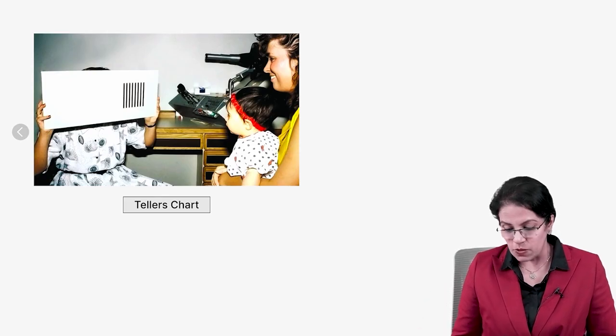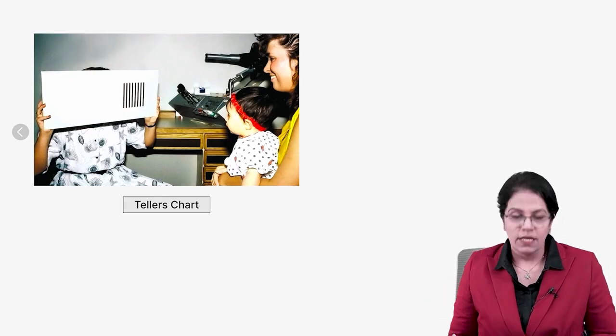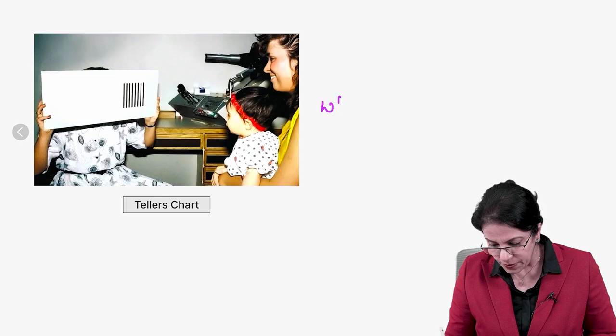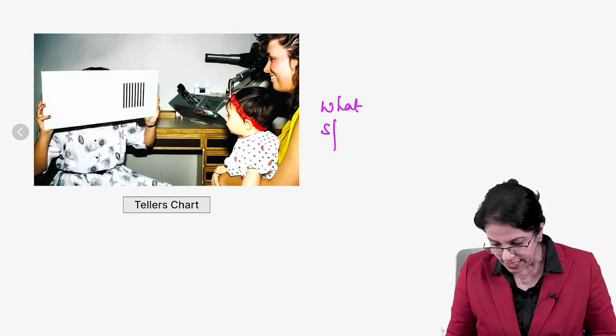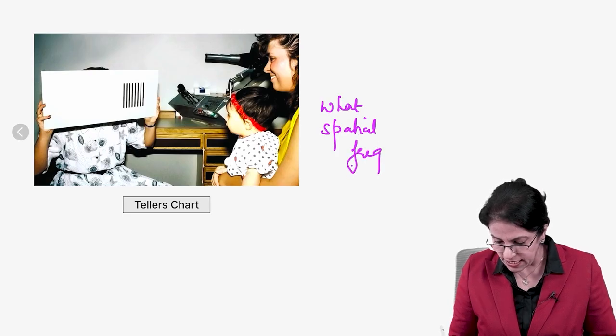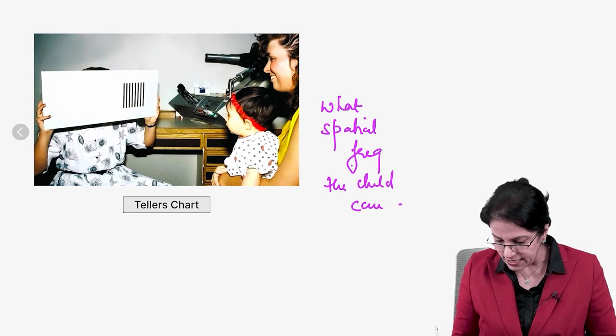If the child can detect very close lines and gratings, that means the acuity is better, right? So just understand this way. We can note it down like this, that what spatial frequency the child can detect is what you are seeing.